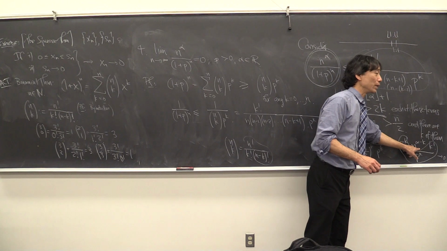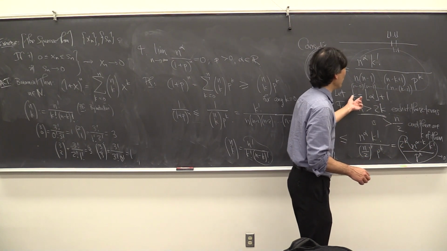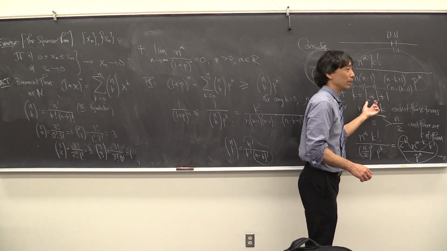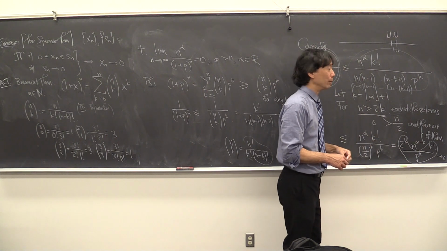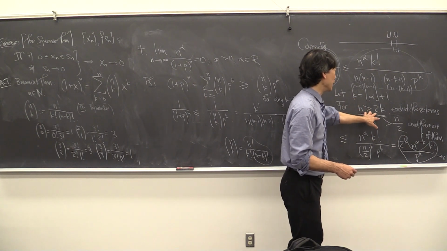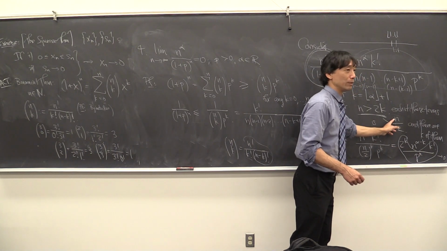In order to make this succeed. You could choose a k that's much bigger than alpha. This is sort of like the minimal one that will work. But you do need to choose something like n bigger than twice k, in order to make this fraction work.